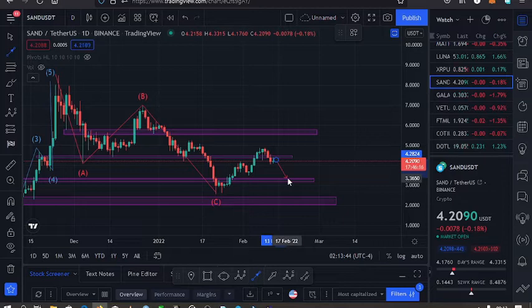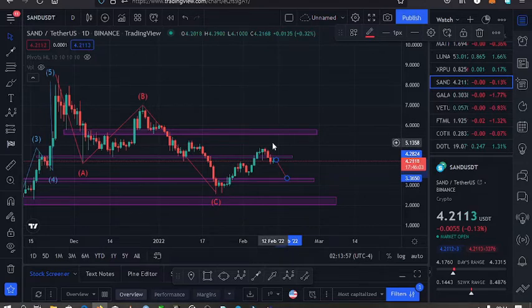And once that happens, I expect this support to hold, because I think for me, in this ABC correction, sand has done whatever it needed to do. So it's time for us to have a bounce back to the upper side and maybe take us to an all-time high.